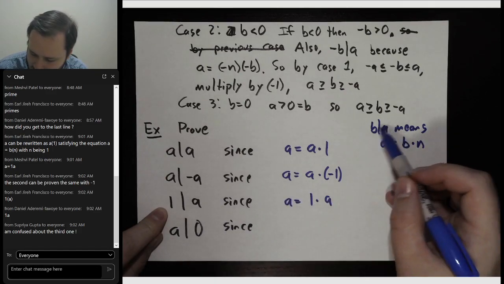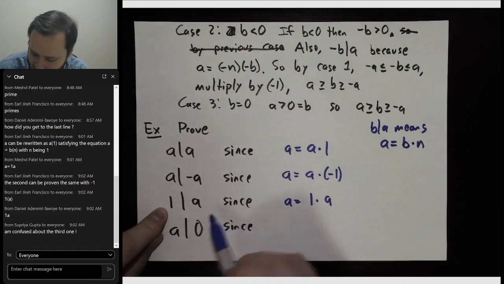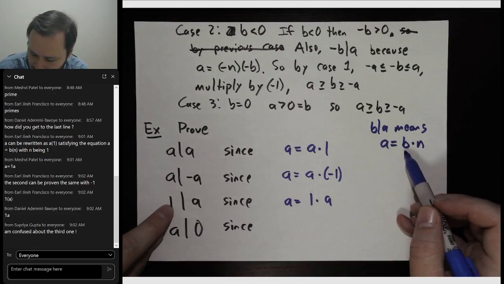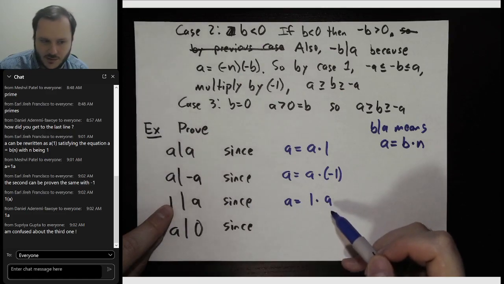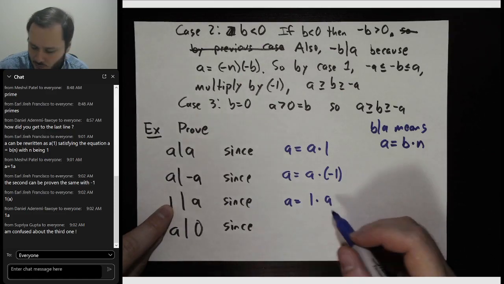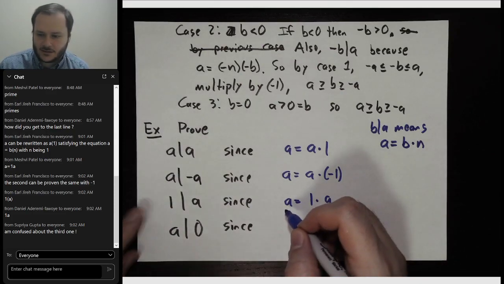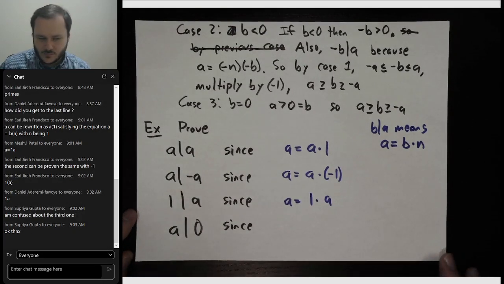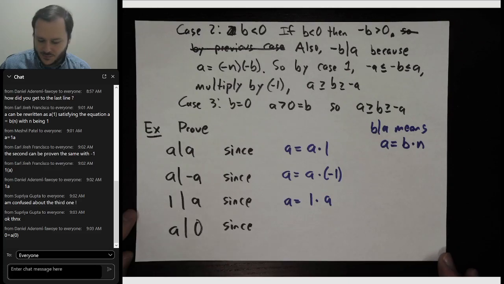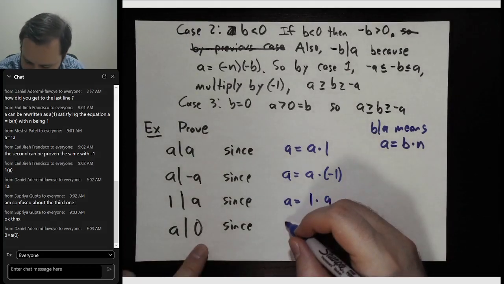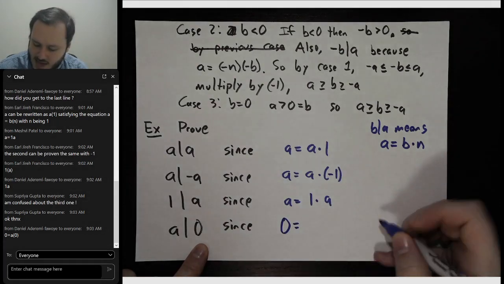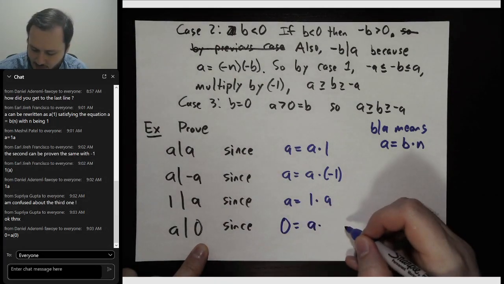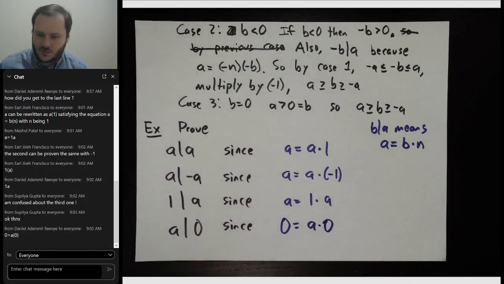The b divides a, so the a comes over to this side, is equal to b, here b is 1, times some number. And the number we're multiplying by is a again. Good question. Yeah, and the last one, 0, we have to write as a times something, and the something is 0. So a divides 0.